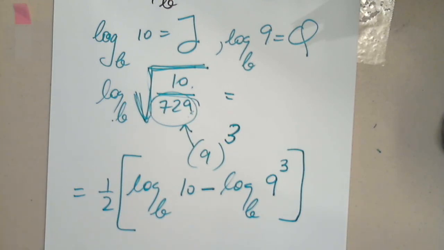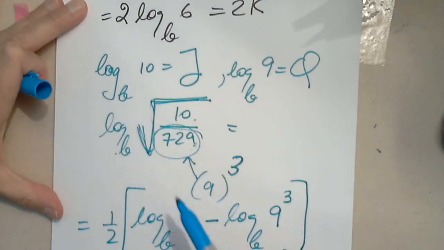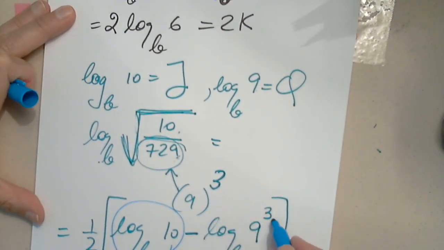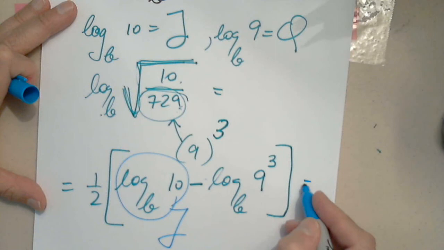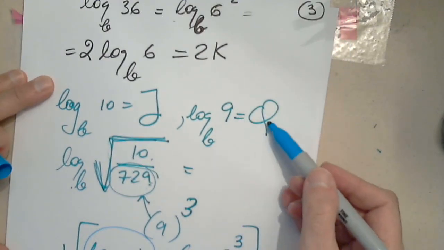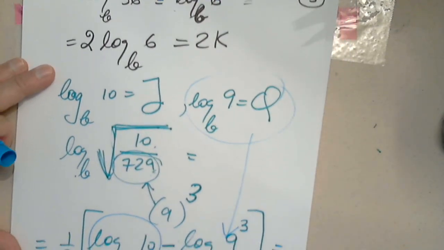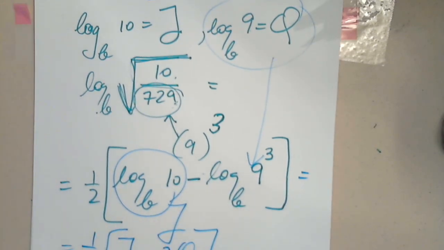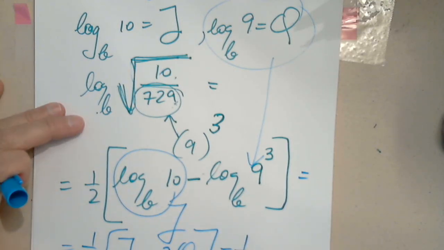And now this is J. This power goes in front by the power rule. 1/2 times J minus 3, and I have log base b of 9, which is Q. When you put the answer, make sure you put the uppercase. And let's distribute. Sorry, 1 second. So 1/2 J minus 3/2 Q.